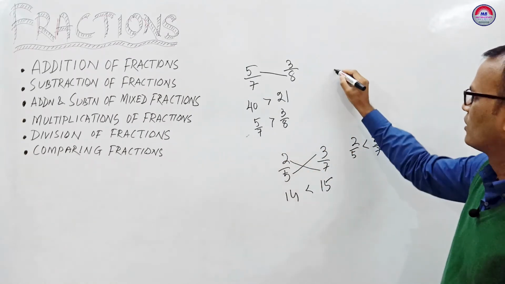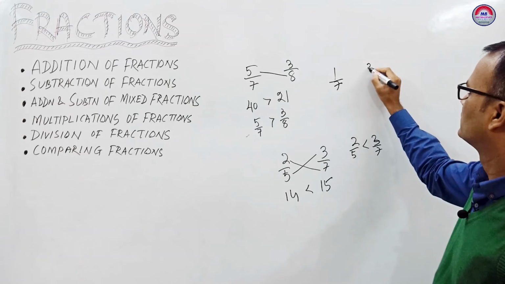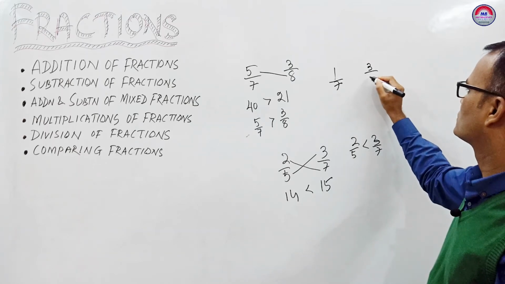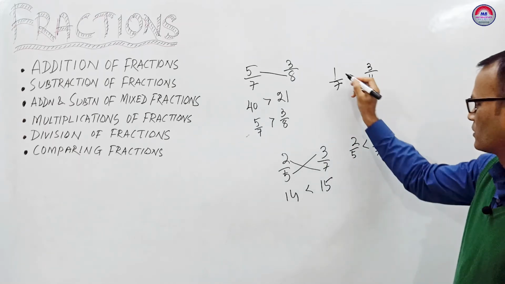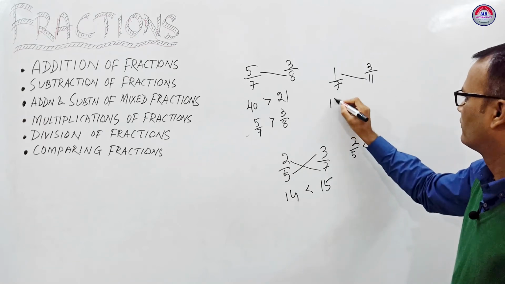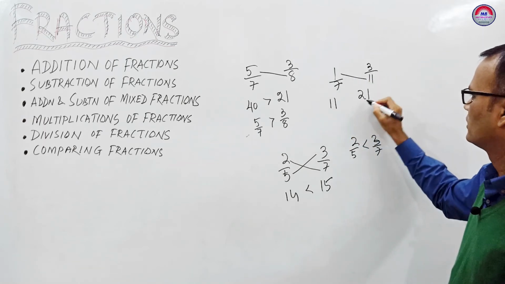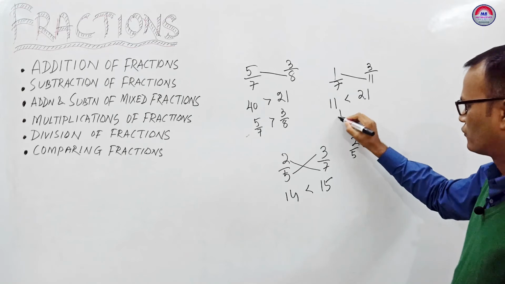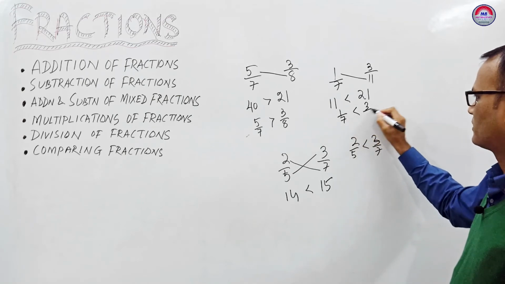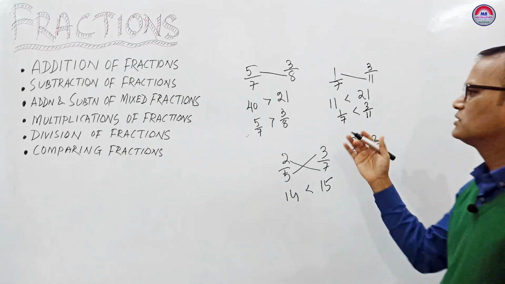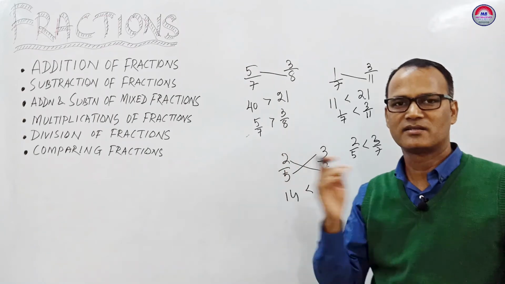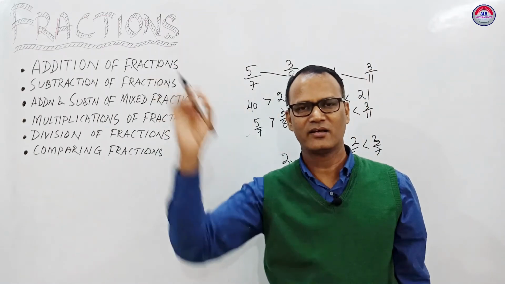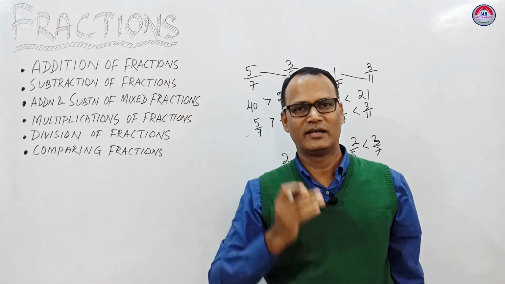Another question. 1 by 7 and 3 by, suppose, 11. Okay. Multiply 1 into 11 is 11. 7 into 3 is 21. 11 is smaller than 21. So the first part is smaller than the second part. Okay. Using this comparison, we can write the fractions in ascending order or descending order.